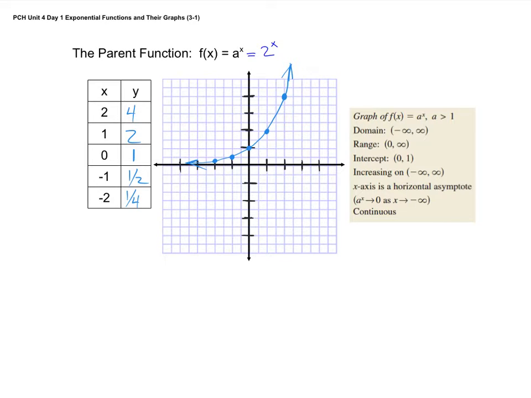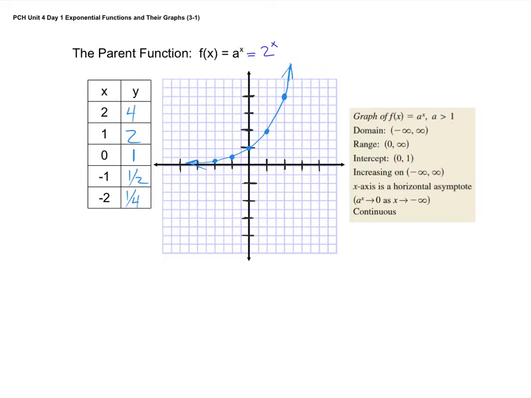Now let's observe a few of the things we just mentioned on the previous slide, but on this particular graph. First of all, notice that our domain is all real numbers. Our range is y is greater than 0. The intercept is (0, 1), no matter what a equals.